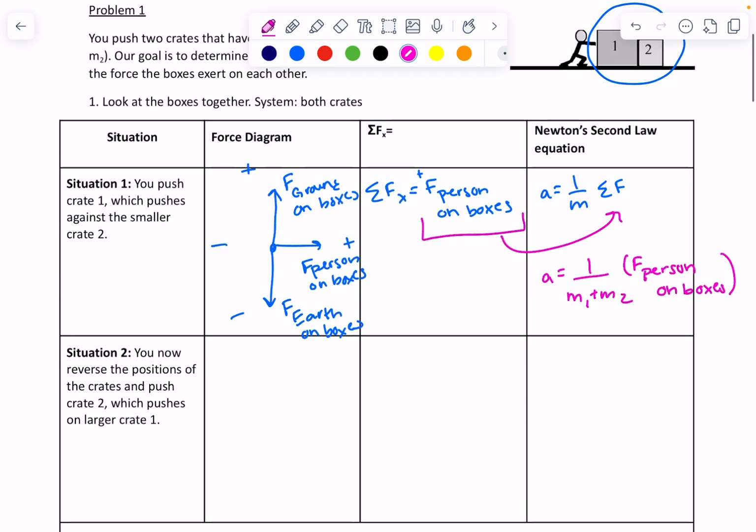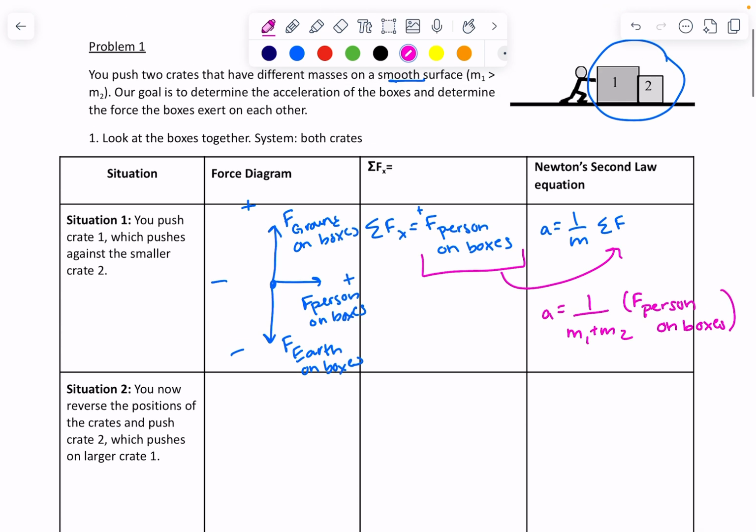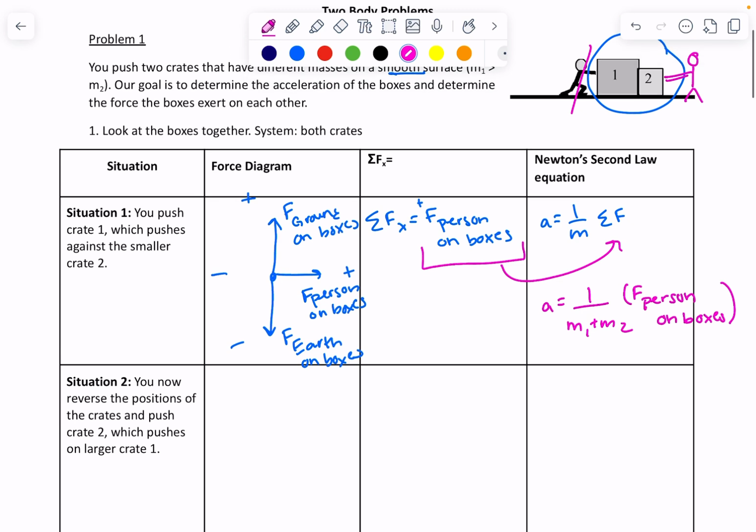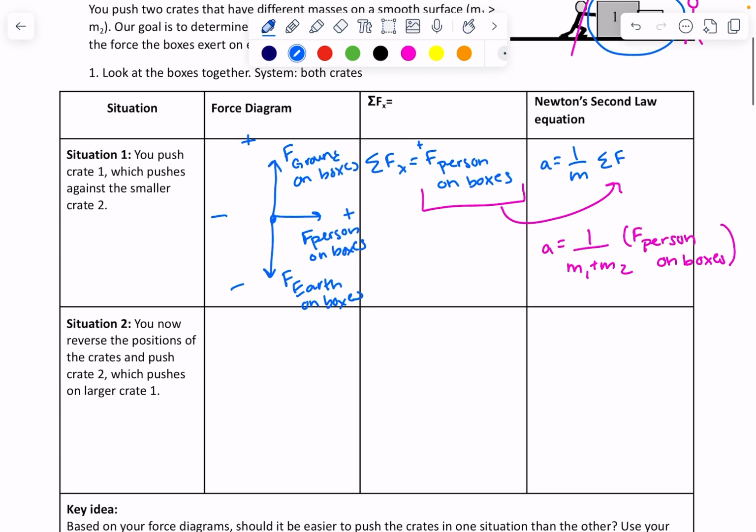All right, now we're going to look at the situation if we were to switch the position of the boxes. So now the person is pushing from this side. And we're going to see if that makes any difference. So our system is still the two boxes. And so, of course, we're still going to have the force of the earth on the boxes and the force of the ground on the boxes.